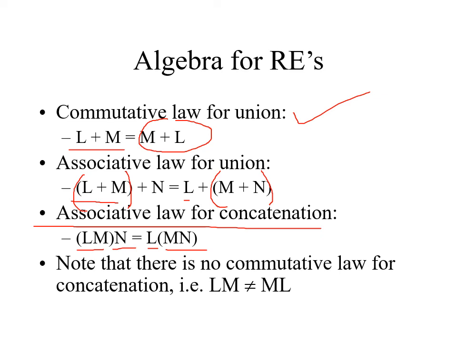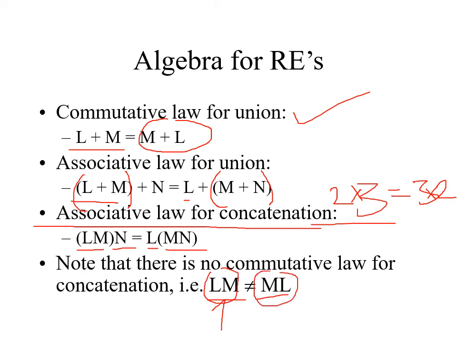There is no commutative law for concatenation: LM is not equal to ML, because this is basically a pattern, not values, like 2 3 is not equal to 3 2, but if we apply multiplication between these two, then it is equal, right? So LM is a pattern and ML is a pattern which never matches.